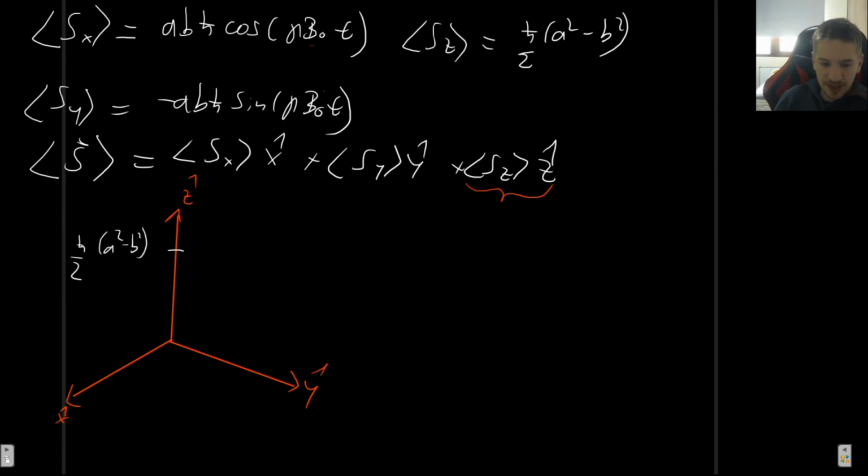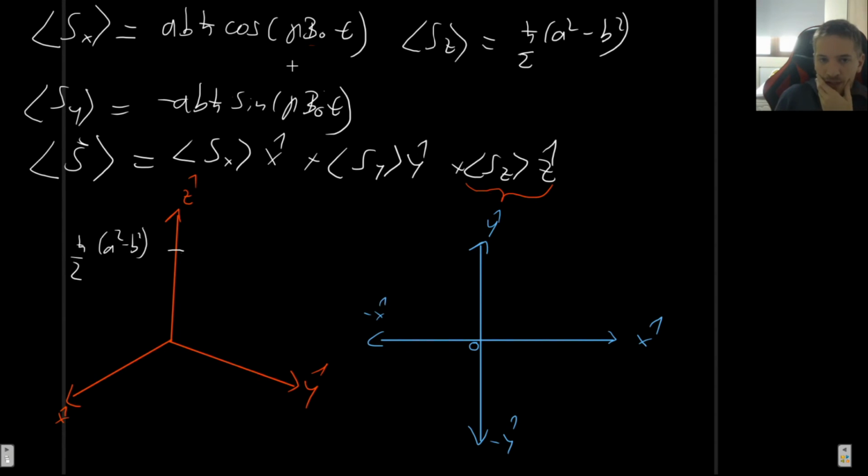So let's sketch that right here. Make a quick sketch here. So this is going to be the y direction, the x direction, this is 0, and of course these are the negative directions, and minus x. So let's see what's happening in this plane.